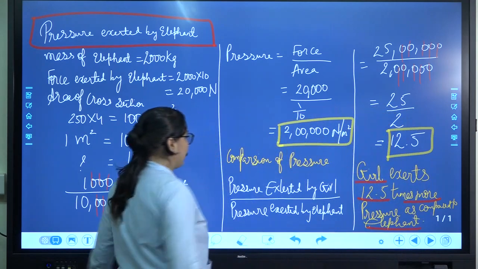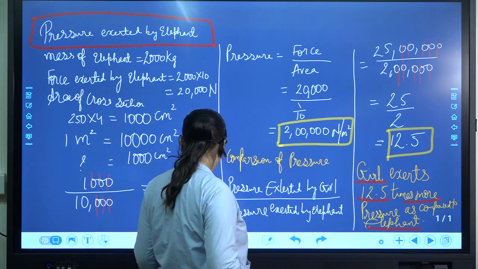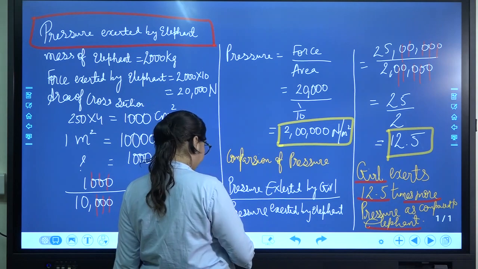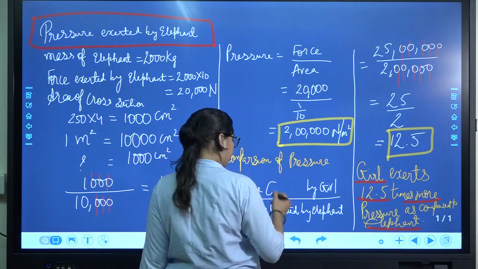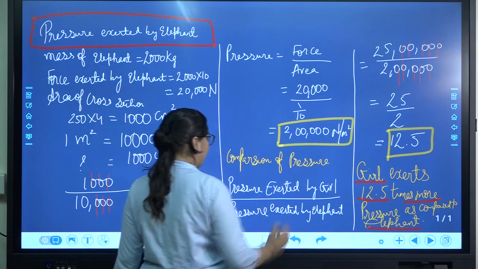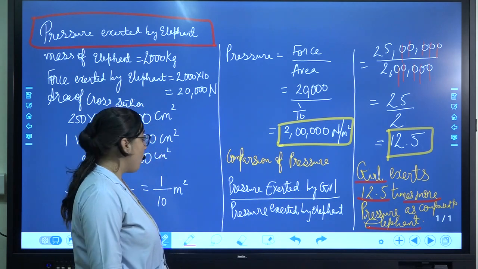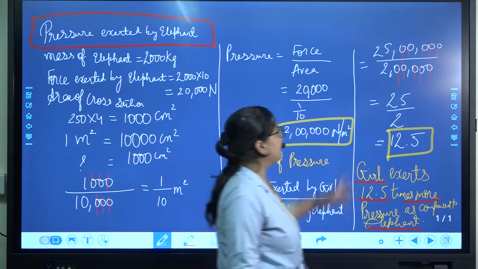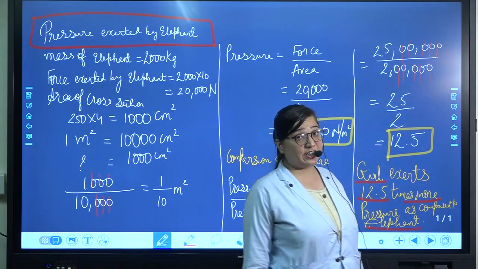Comparison of pressure, that is pressure exerted by the girl divided by pressure exerted by the elephant. What is the pressure exerted by the girl? It's 25 lakh. What is the pressure exerted by elephant?